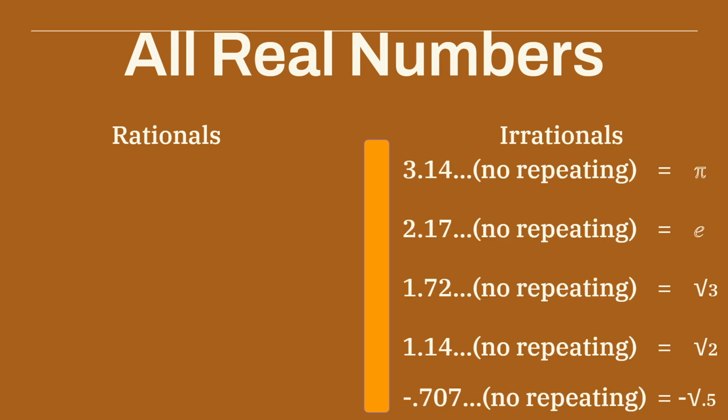Now, numbers that are not rational, we call those irrational. Numbers that cannot be represented by an integer over integer. Now, how do we know we have one of those animals?